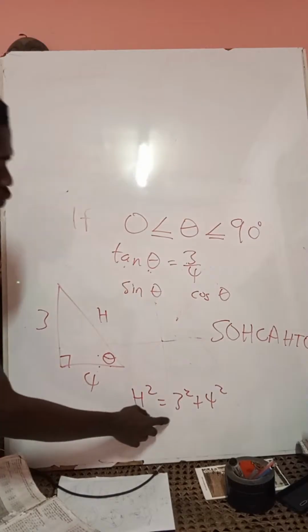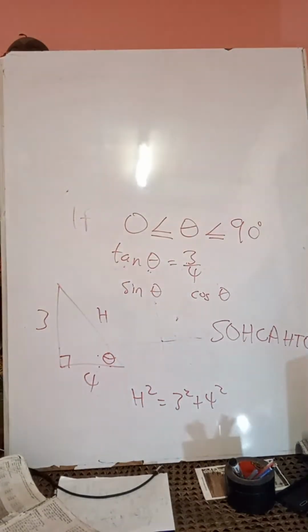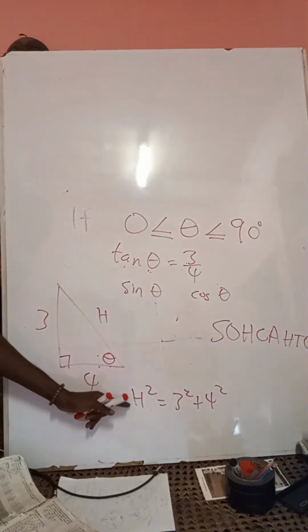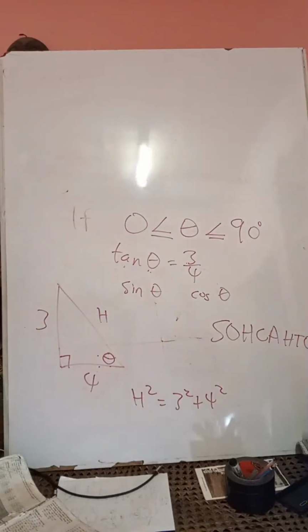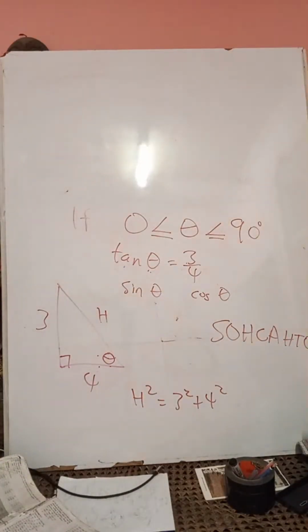And from Pythagoras triplets too, we realize that it will give us 5. That is 3, 4, 5, a Pythagoras triplet. You can open your textbooks and learn some Pythagoras triplets in there. It will be really helpful for you to solve questions easily.